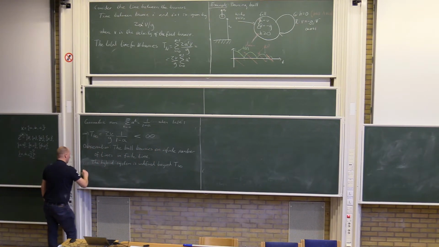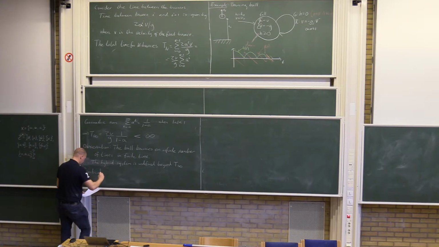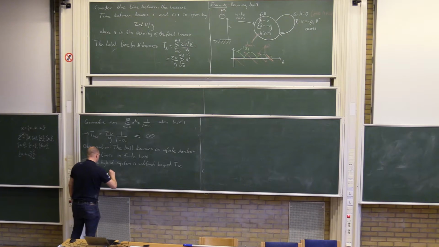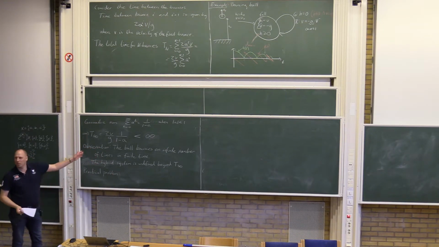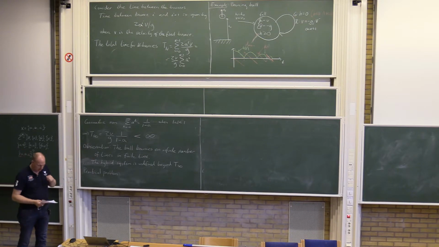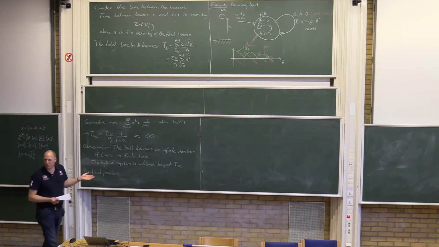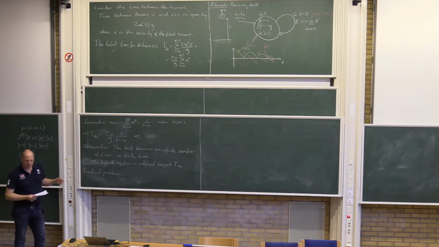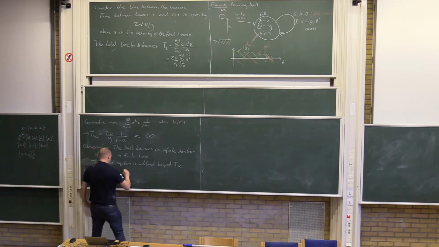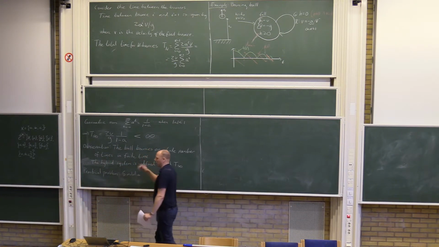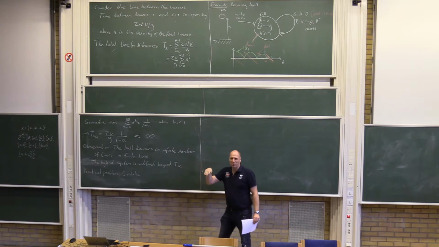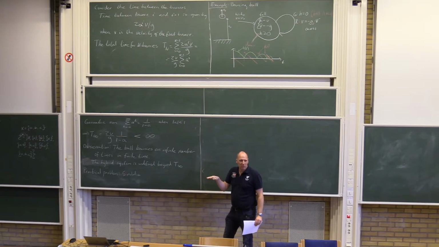Okay, and what are the practical consequences of this? As we will see, we can build a simulation model of this system. But what will happen when you try to simulate it? It might be that it will have problems trying to do very, very frequent bounces.